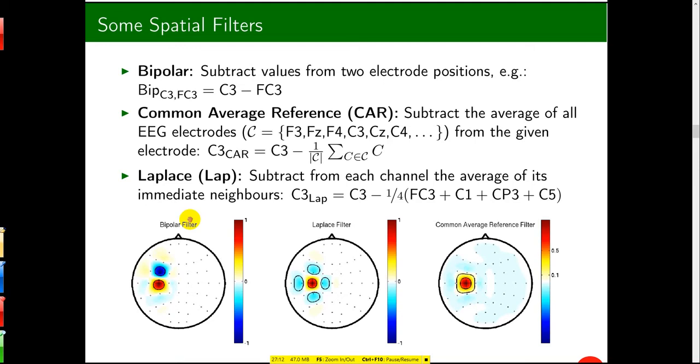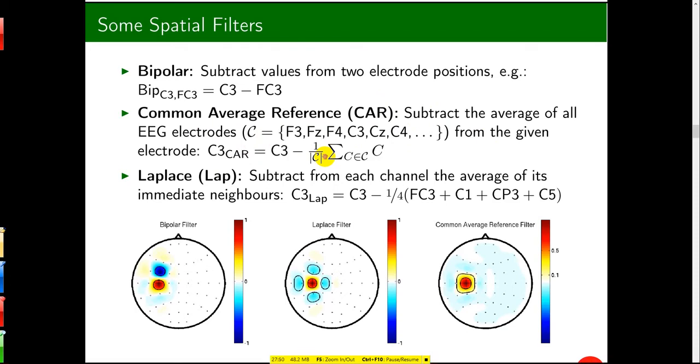The common average referencing filter is simply a subtraction operation of the mean. Subtract the average of all channels or electrodes from the given electrode. So here, you take the average of the entire set of channels or electrodes. Assume you have 64 channels. You perform averaging, and you have one resultant common average channel.